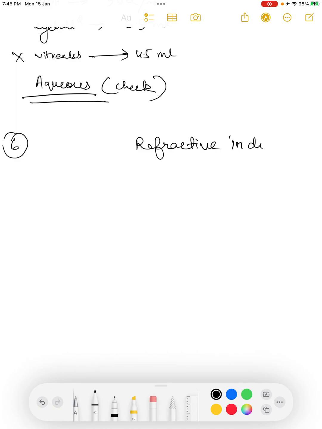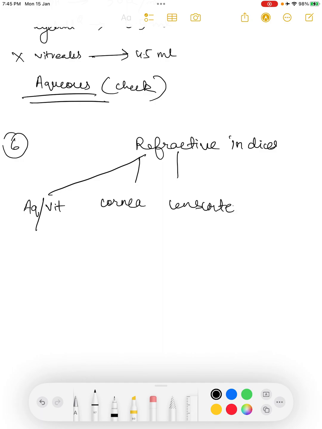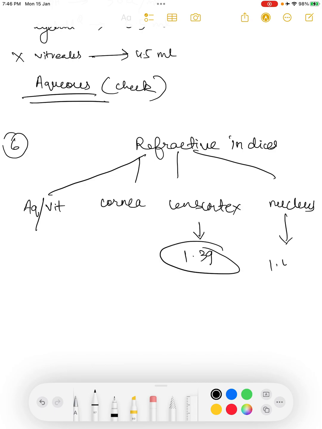Coming to refractive indices, very easy. Aqueous or vitreous, cornea, lens, cortex. Be very careful. Cortex and nucleus have two different indices, 1.39, 1.41.